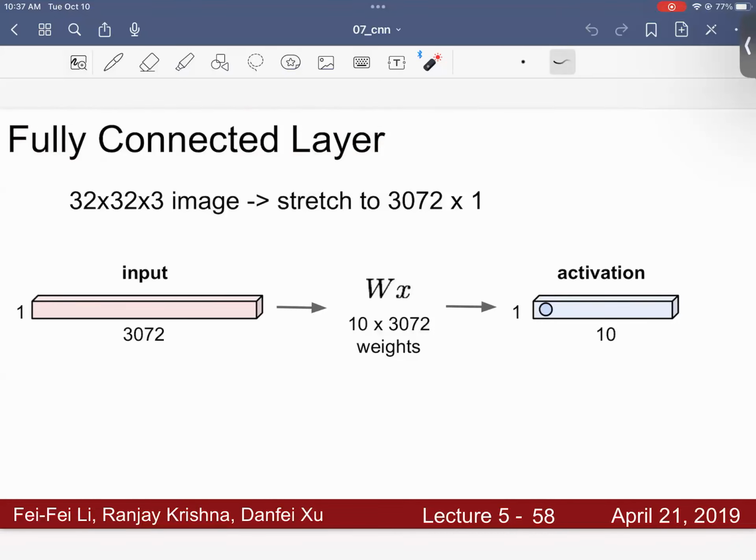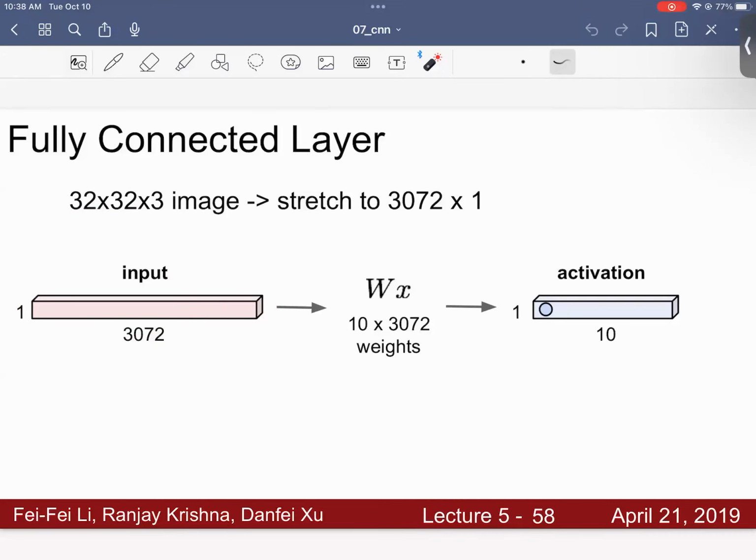Think about flattening a 2D image with 32 by 32 dimensionality, height and width, and 3 is the RGB channel. So your image is 32 by 32 by 3, and you can flatten it to 3072 by 1. This will be your input.